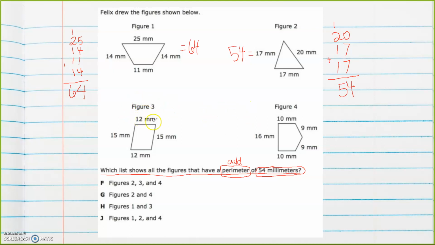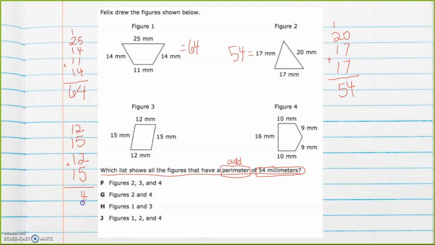Figure 3, 12, 15, 12, 15. So go ahead and pause the video here. Use your paper, stack your numbers. Two plus 5 is 7, 8, 9, 10, 11, 12, 13, 14.